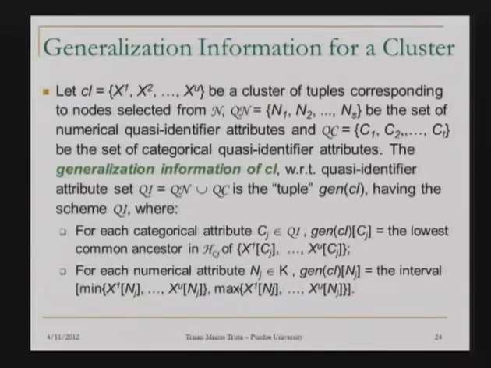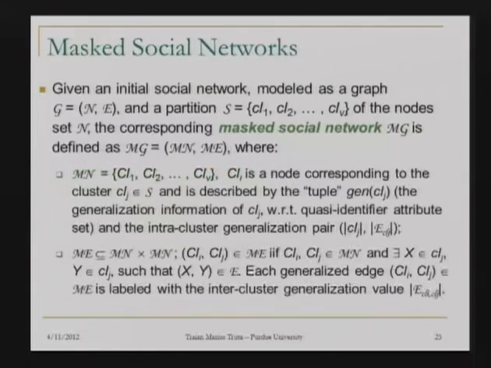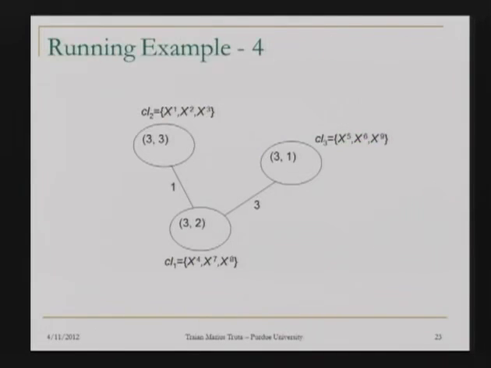And for this, we will use several definitions that include generalization information of a cluster. What do we mean by generalization information of a cluster? How much information is lost when we generalize the node information? And then what we want, and this is just a definition, I don't want to get into details, is to create a social network, which is a mass social network, based on our selection of clusters, and this definition pretty much explains mathematically what this is.